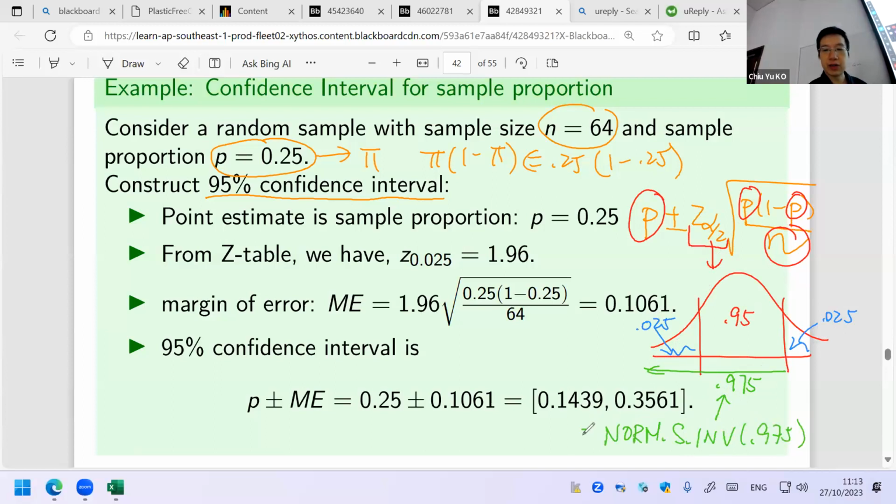That's the answer. But anyway, you should remember this 1.96, or close to 2. Just plug in all the numbers, then we're done. It's mechanical because you know the logic already. I hope you understand the logic, but otherwise it's very mechanical.